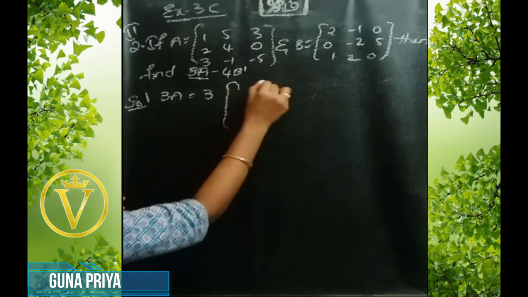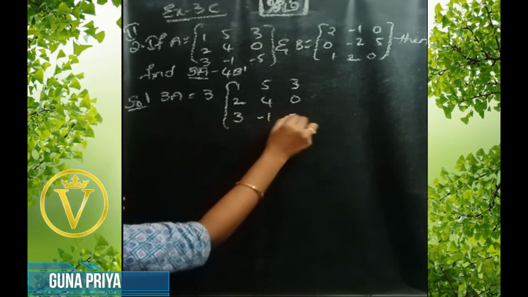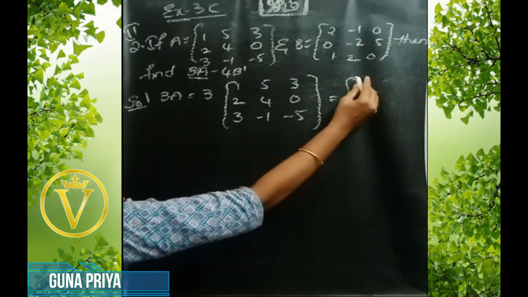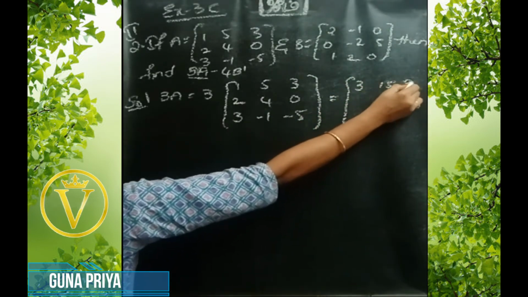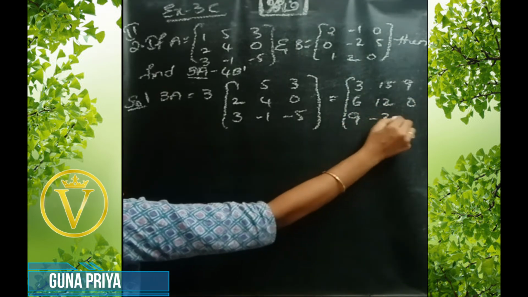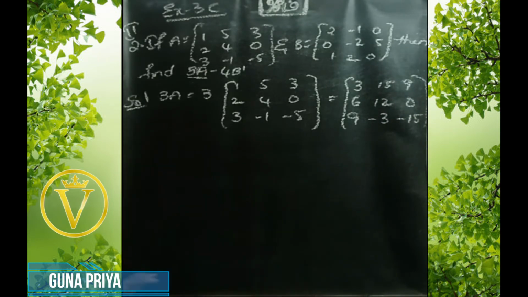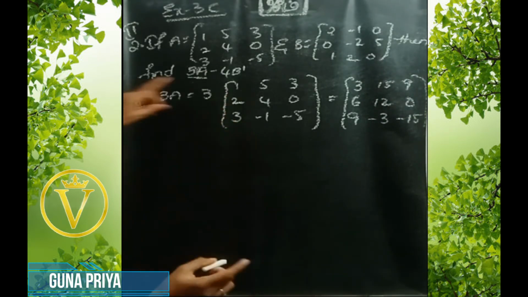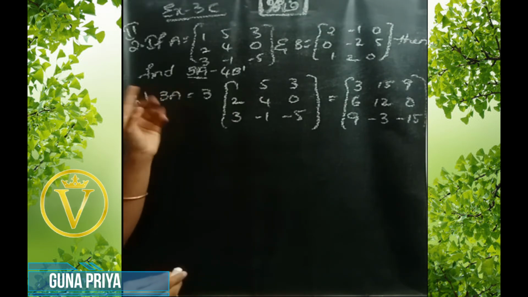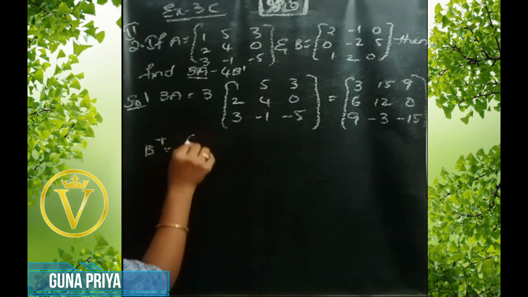That is the 3A value. Now 4B dash. Before finding 4B transpose, first we have to find B transpose.